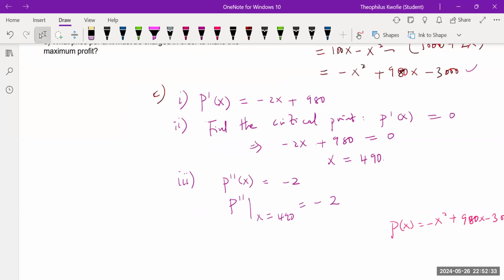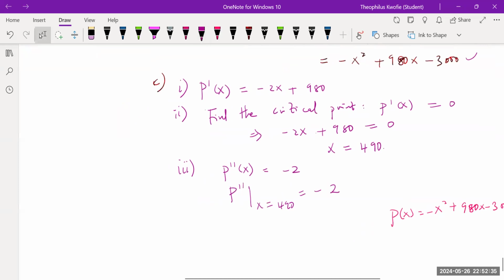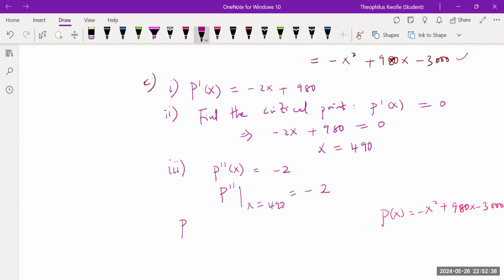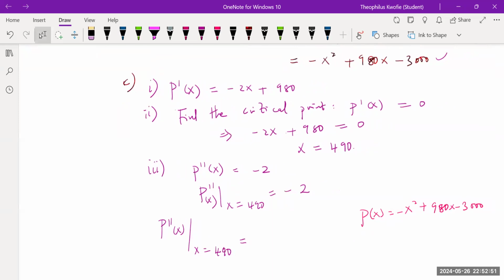So we need to evaluate it at the critical value, p of x at x equal to 490. Wherever you see x, we replace it by 490, right? So negative 490 to the power 2 plus 980 multiplying 490 minus 3000, which should give us what?